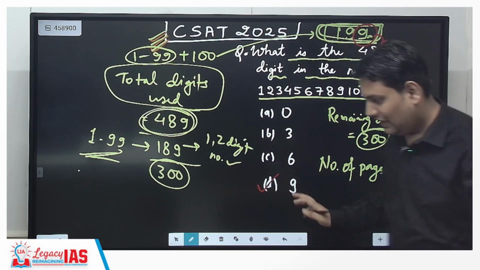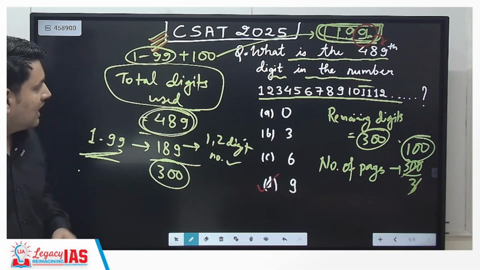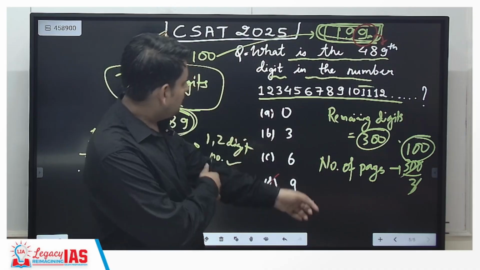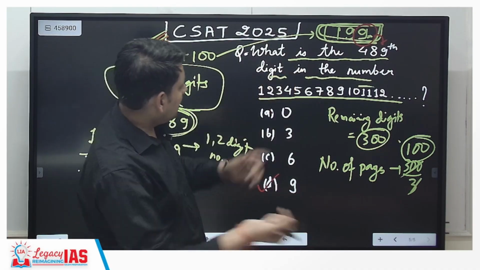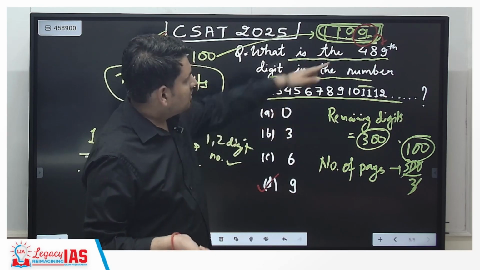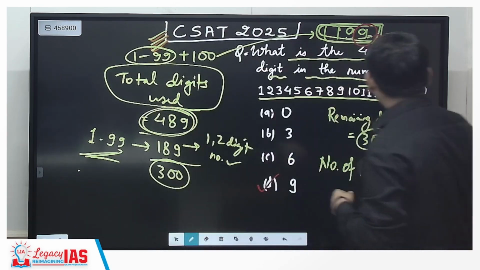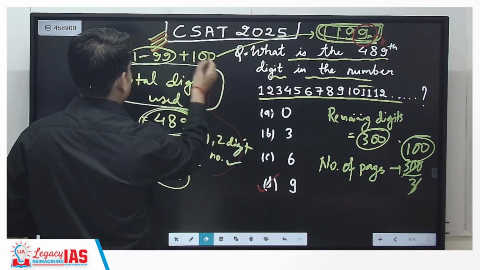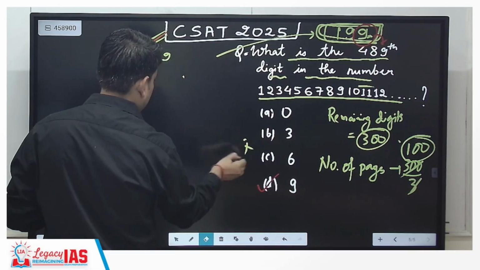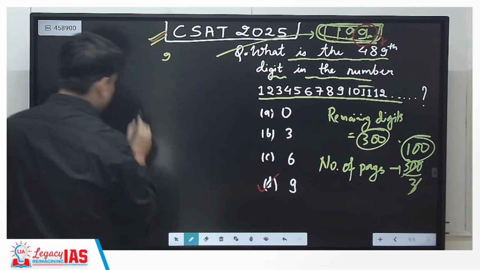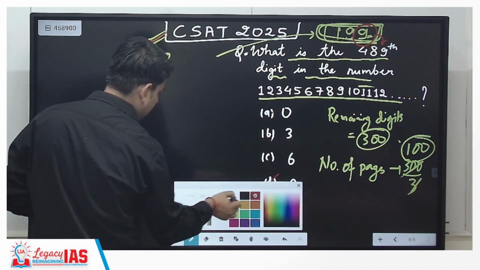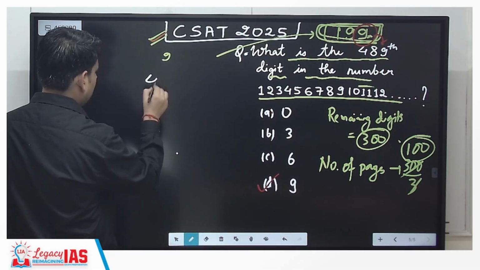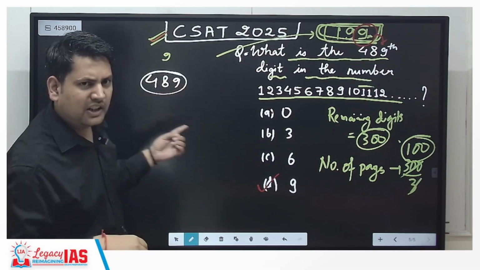Okay. Understanding this concept was long, but when my students saw it in the exam and saw the 489th, they could guess that these are pages and digits. So immediately they saw 489 and guessed that this is related to pages and digits.